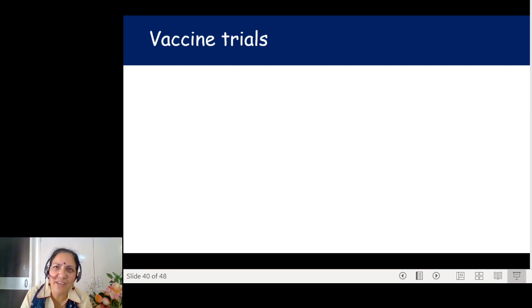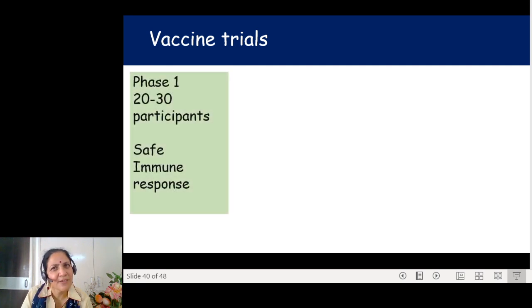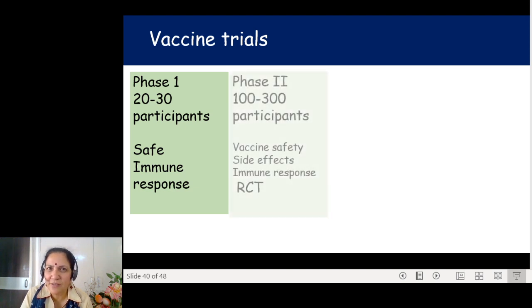So what are vaccine trials? We need to know that these are conducted in various phases. Phase 1 involves around 20 to 30 participants, and tries to establish the safety and immune response of the vaccine. In phase 2, the number of participants is around 100 to 300, and again vaccine safety, side effects and immune response are evaluated.